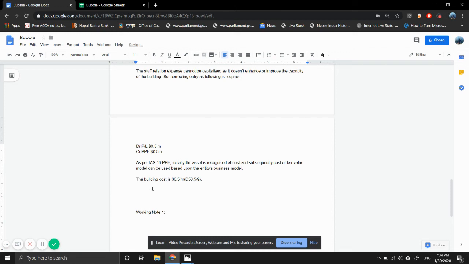So let's depreciate it. Debit depreciation, which will be 6.5 divided by 35 into 6 divided by 12, since from 1st of May: May, June, July, August, September, October, 6 months, for the first year. So that's our only depreciation, I guess.